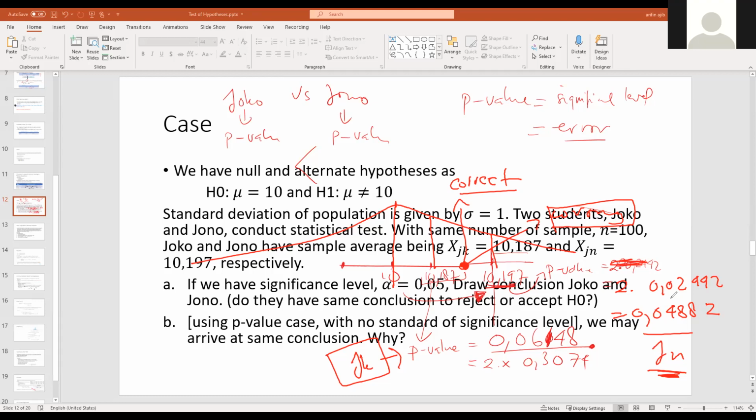But sir, if we need a strict value, for example in the gold case you mentioned before, can we use the p-value for Joko because we need something more precise?